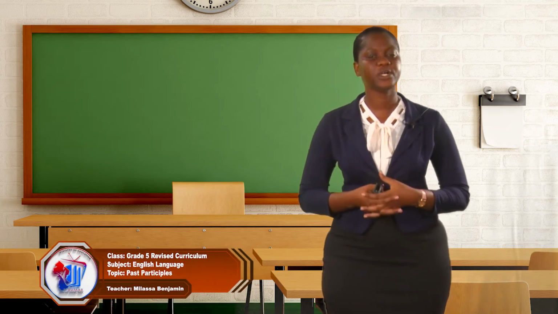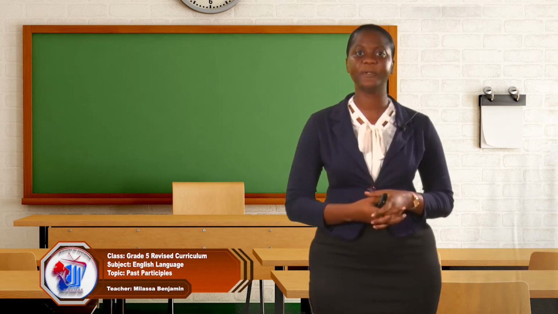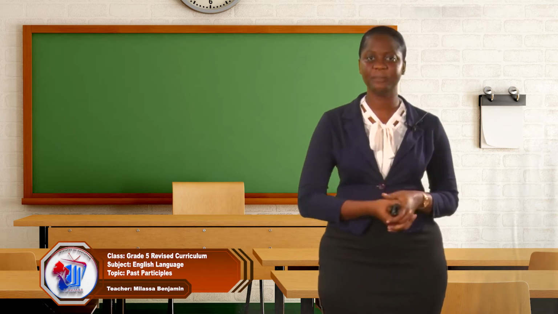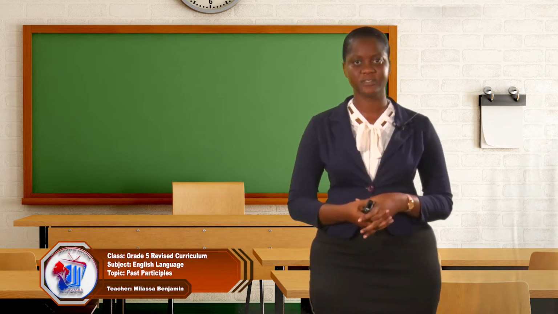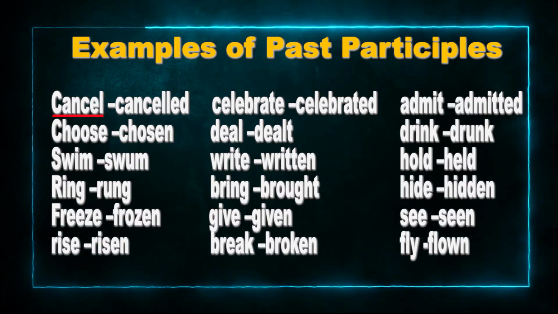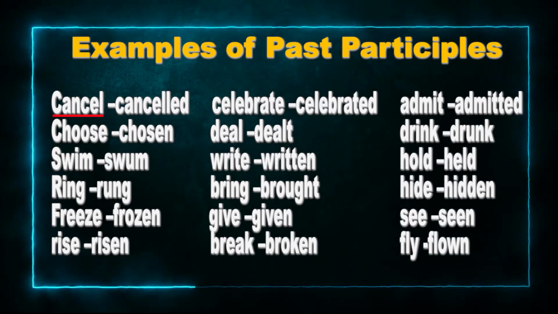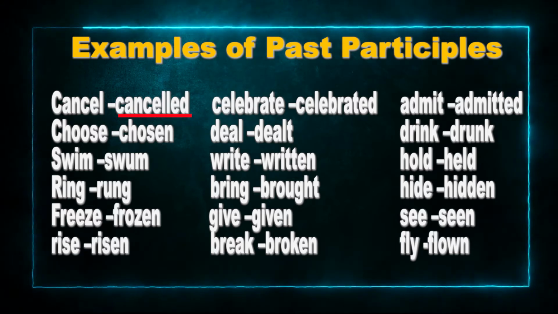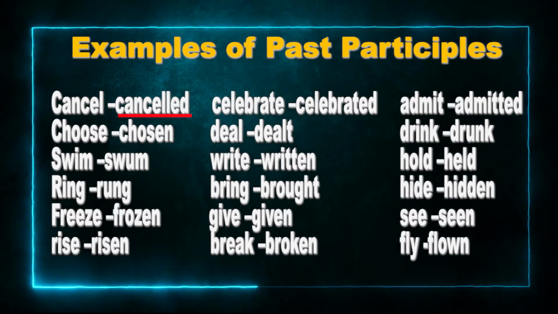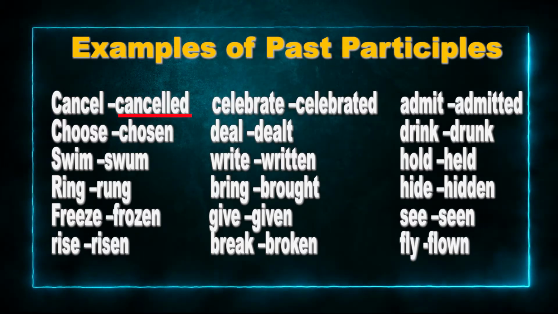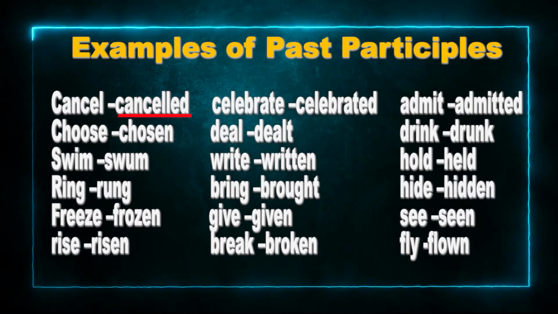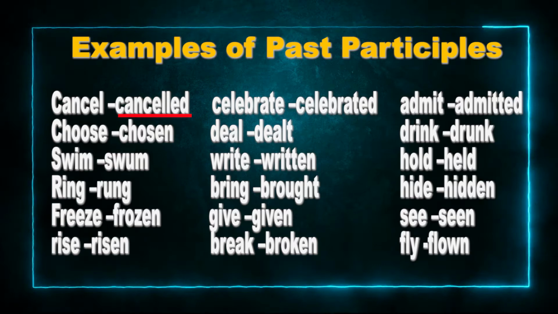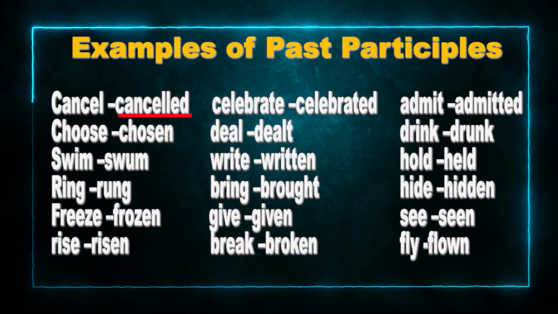Now, let's take a closer look at some examples of past participle. Let's start off simple. The regular verb cancel. The past participle would be cancelled. Now, I know you're thinking, isn't that the past tense? Yes, it is. And it is also the past participle of cancel.